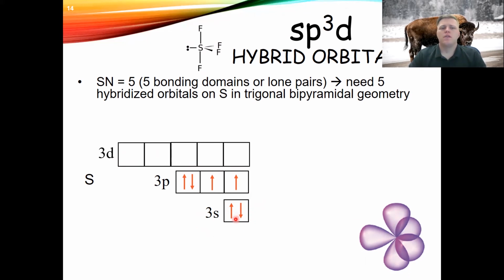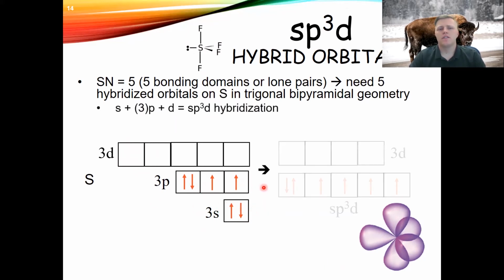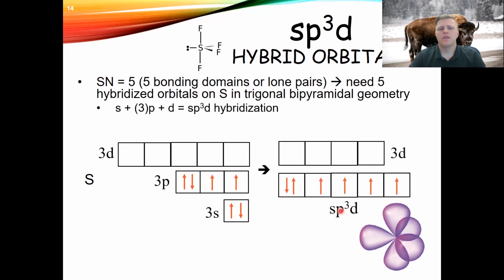So we'll take the s orbital, 1, 2, 3 of the p orbitals, and just 1 d orbital. That will give us 1, 2, 3, 4, 5 orbitals to combine to give us 5 hybrid orbitals, our sp3d hybrid orbitals. You'll notice we get 5 of those because there are 5 letters in the name, or 5 orbitals were hybridized.